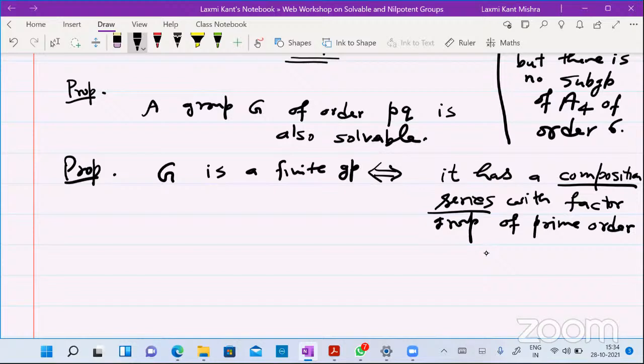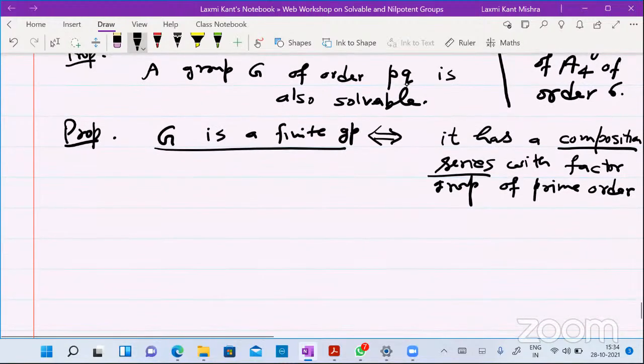I think I am correct. So if G is a finite group, then it has a composition series with factor groups of prime order.